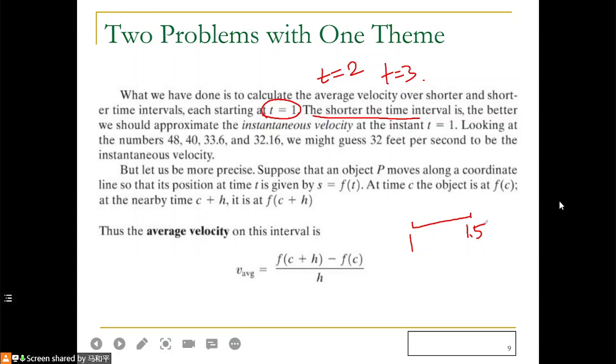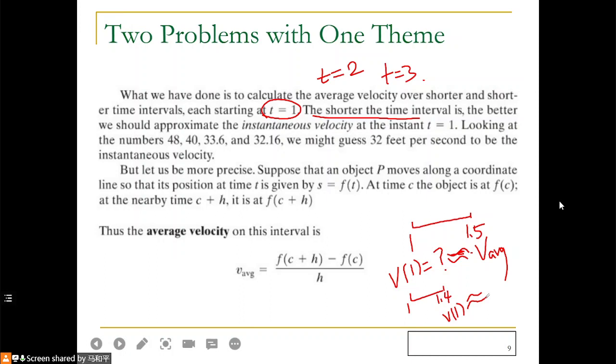If we want to calculate when t is 1, we can approximate it by the average velocity. It's not the same, but if we choose the interval like this, 1 to 1.4, we can also calculate V1 by approximating it in the time interval.